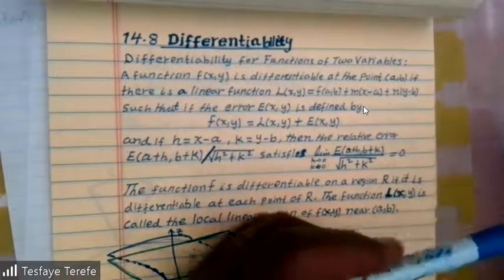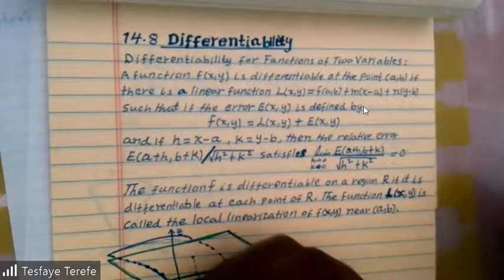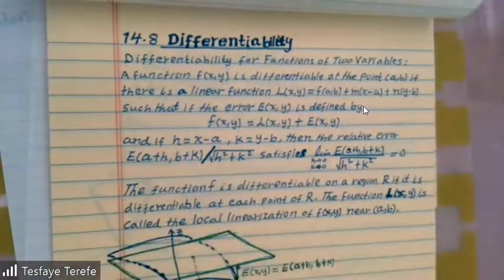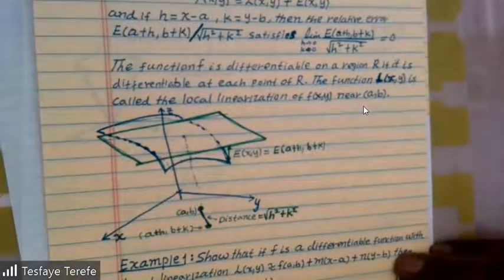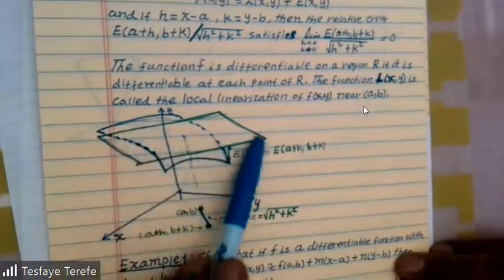So when you zoom in on that curve, the curve becomes a straight line. Likewise, if a function is differentiable in multivariable, there is a tangent plane approximation. Near the point of tangency, the surface is going to be flattened, similar to the tangent plane.